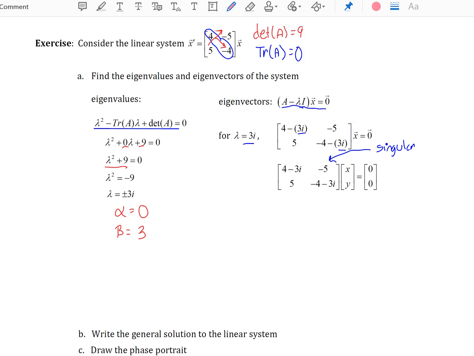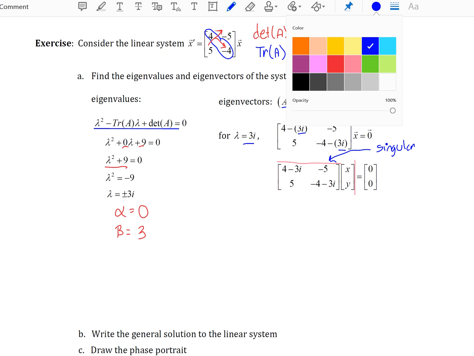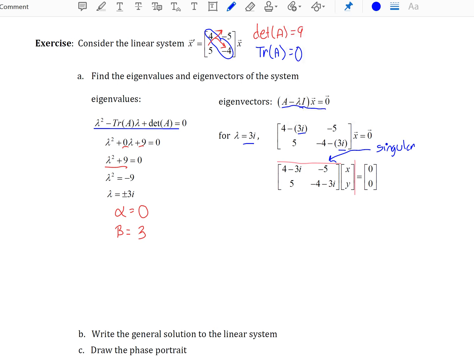And we're going to use that by identifying that the only equation we really need is the equation that you get from this first line times this first column. So when you multiply this, I think we're going to get 4 minus 3i times x minus 5y equals 0.